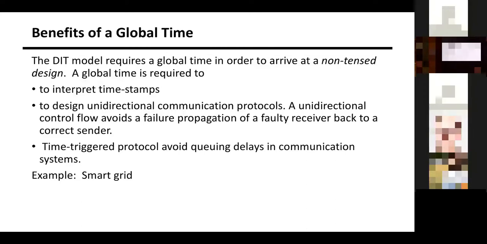I can design unidirectional communication channels with error detection, which separate the sender from the receiver, and the receiver has no impact on the sender. And I think this is probably the most important aspect of the time-triggered protocols. And I can install time-triggered communication channels which do not have any unforeseen delay between the sending and the receiving of an information. And I can give you an example of how important this would be in the smart grid.